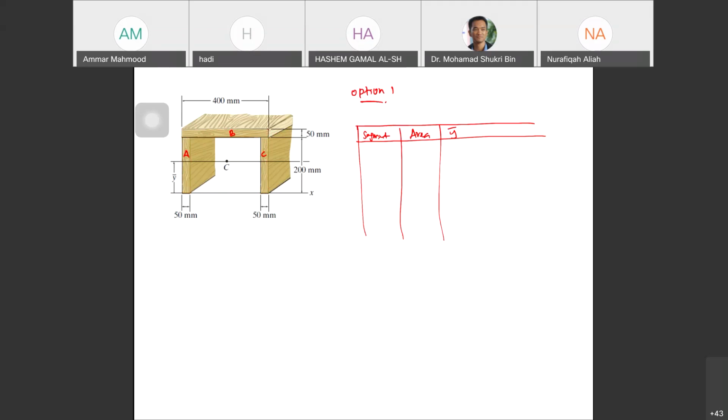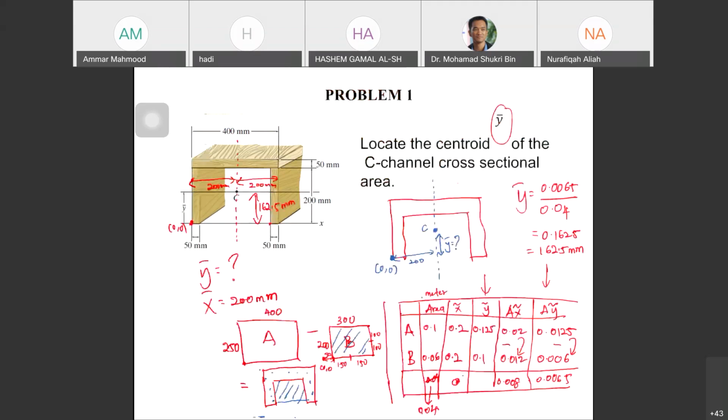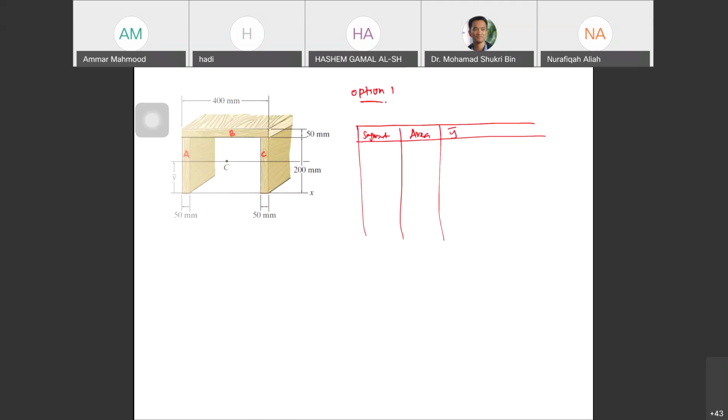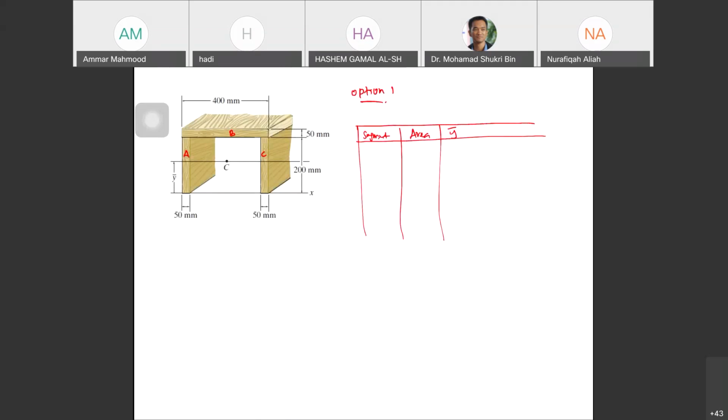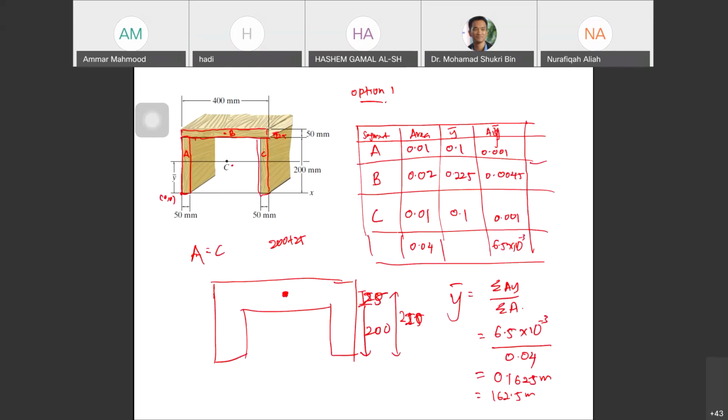So same as the previous answer. If you're using any method, the centroid is somewhere here, 162.5 mm. Okay, any questions?